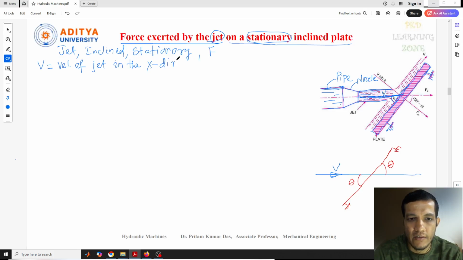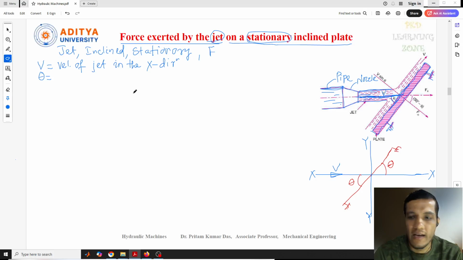This is the x direction, and vertical to it will be our y direction.